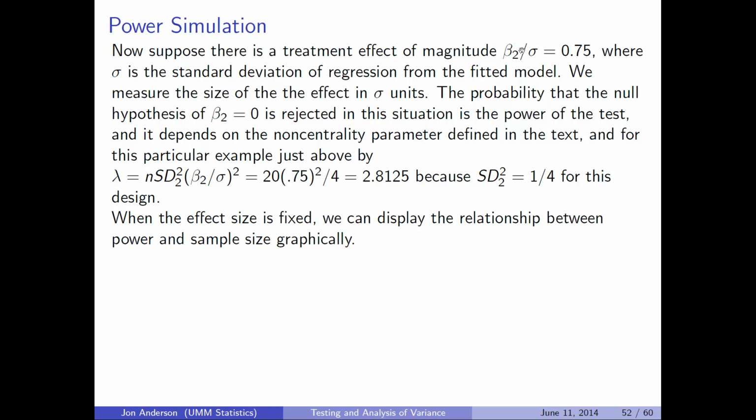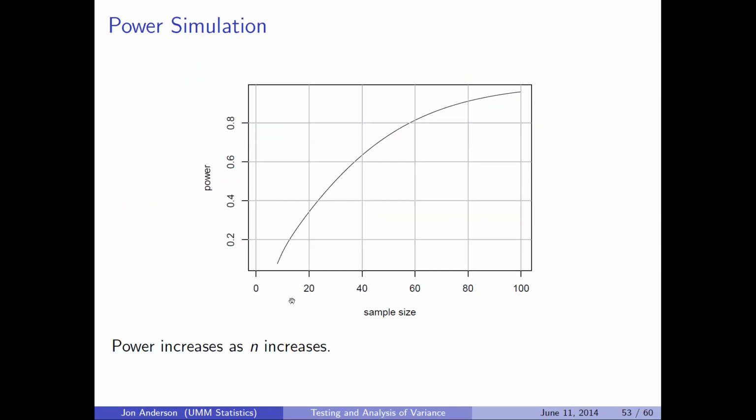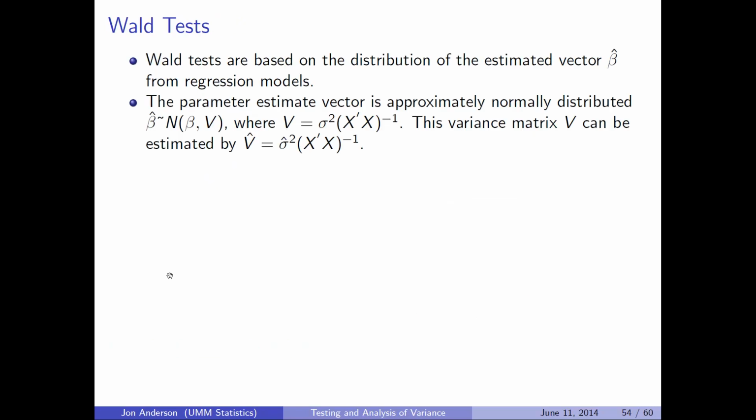Remember, it's not 0. Beta 2 is really something like this, but if you test against 0, you have a much higher probability of correctly rejecting and getting evidence to doubt that null hypothesis when there is more data rather than less. It's to illustrate the ideas of power.